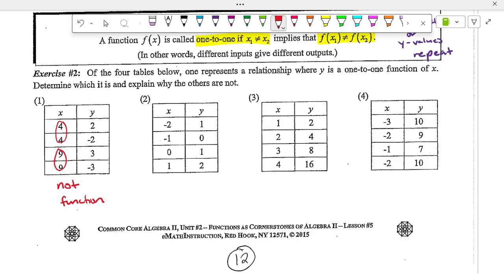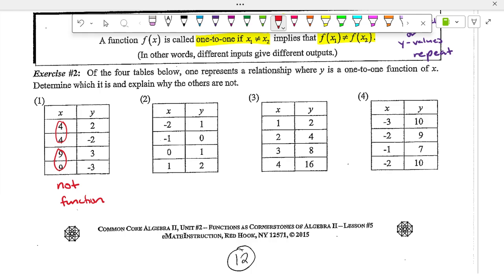Look at 2. All right. Thumbs up, thumbs down if you think it's 1-to-1. Take a minute, think about it. 3, 2, 1, go. What do you think? Is it 1-to-1 or is it not? It is not 1-to-1. Now, is it a function though?